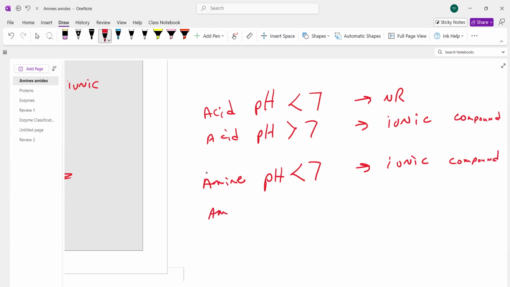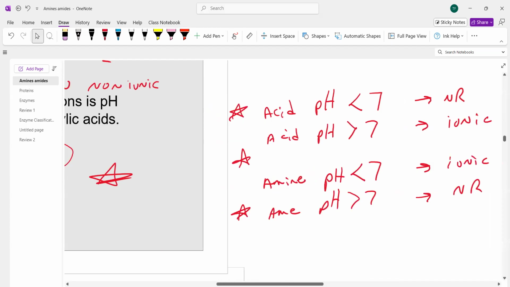And the amine, pH greater than 7, we have no reaction. Okay, you will have a test question on this. Now it helped to spell amine, right?